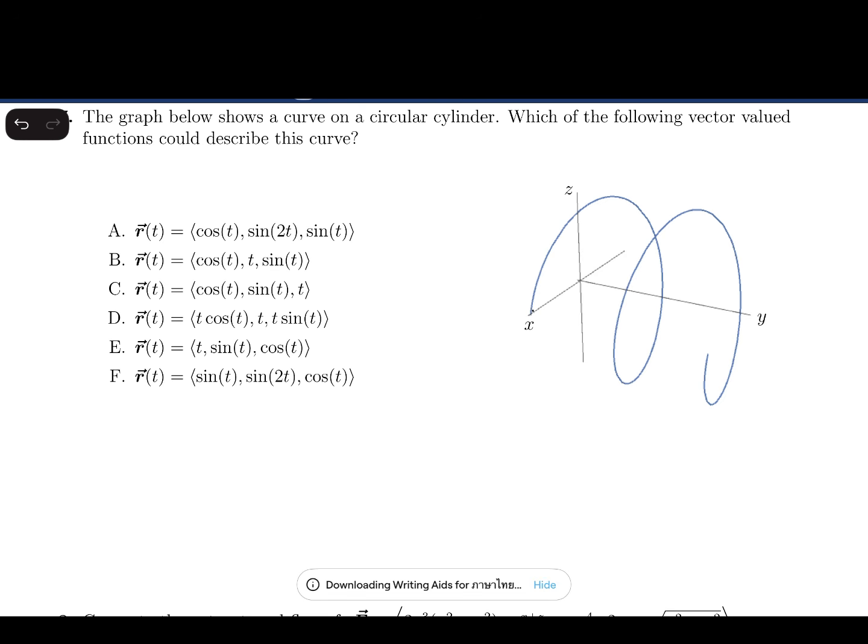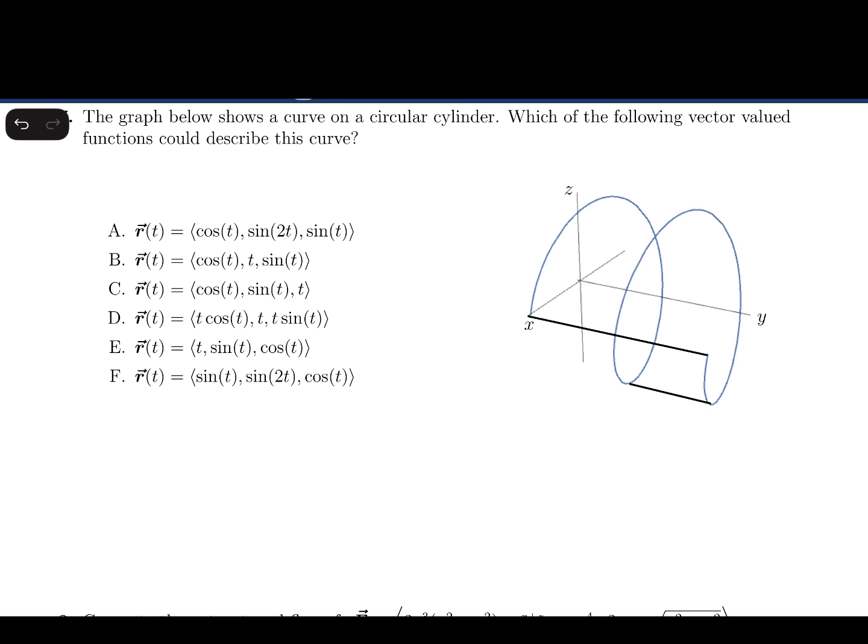But in this case, they flipped it on its head. So now, if we were to draw this out like this, this is the cylinder we're working with now. So instead of y being the sine, they're most likely going to make z the sine and y the constant because it's moving up in the y-axis.